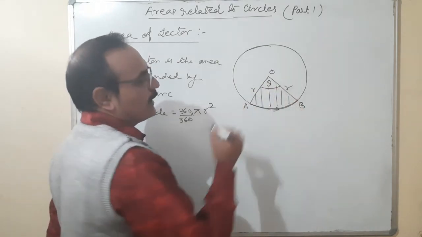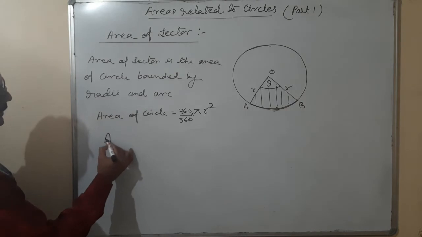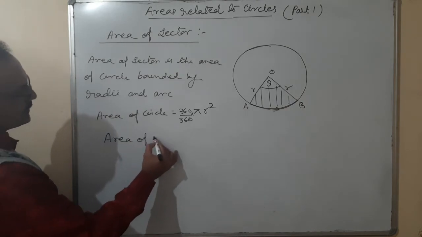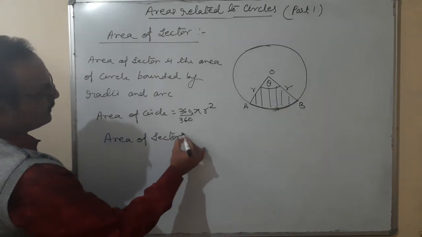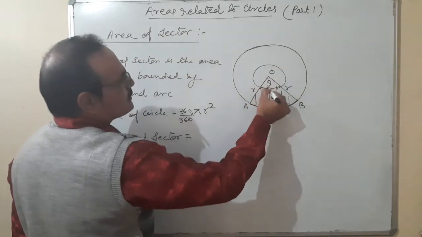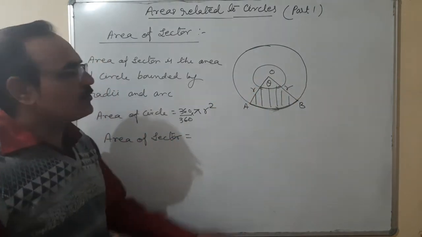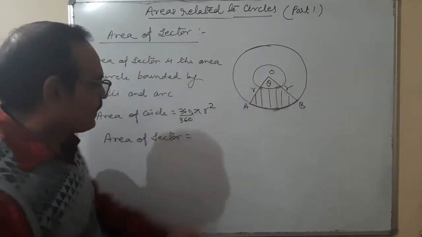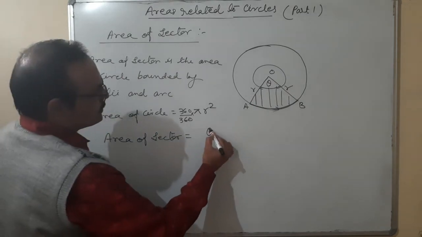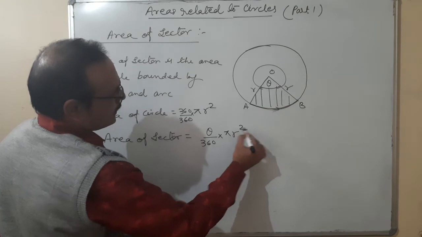Angle AOB is equal to theta. Therefore, the area of sector, because the complete measurement is 360 and out of 360 we are talking about this theta portion, is equal to theta upon 360 multiplied by pi r square.